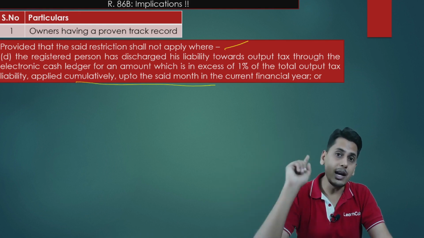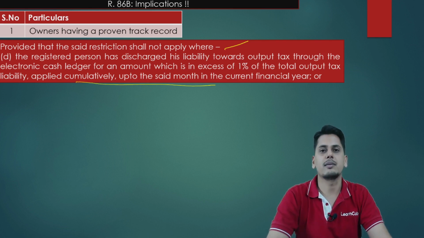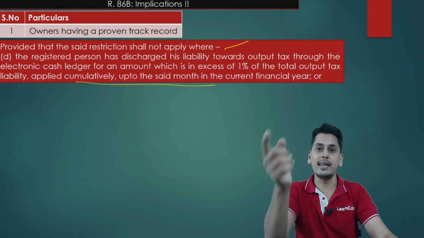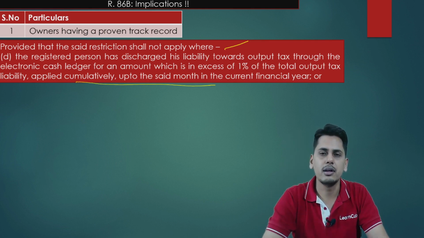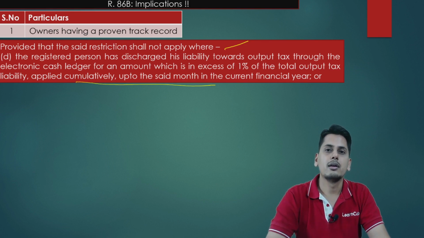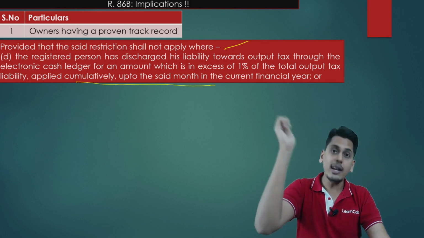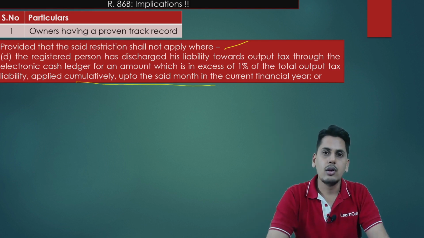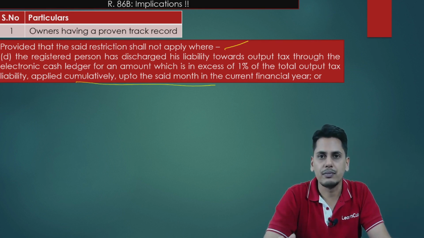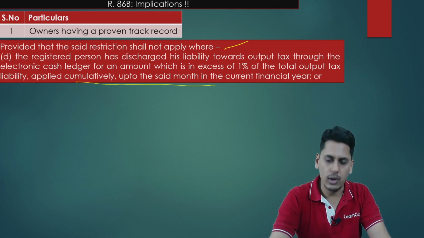If the amount paid from the electronic cash ledger exceeds 1% of the total liability, including that of the current month, you have already satisfied Rule 86B. However, point number 2, if that is not getting satisfied, then what is the shortfall? You need to fulfill the shortfall. We'll take examples, you will be able to understand.